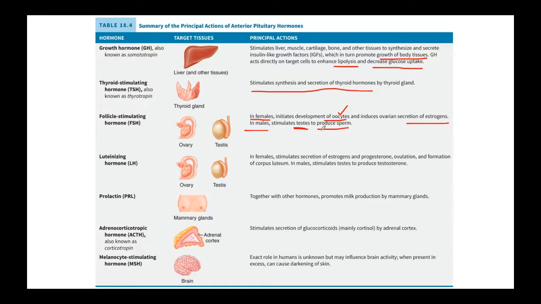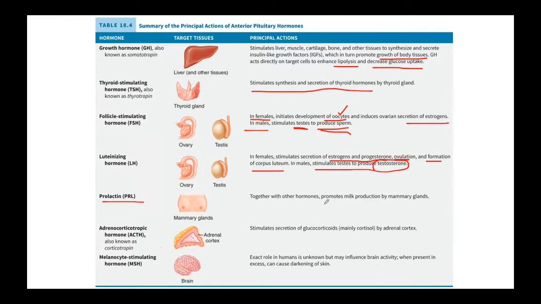The testes will, in effect, produce sperm. That's the FSH. The luteinizing hormone is going to stimulate in the female the secretion of the estrogen and progesterone, ovulation, and the formation of the corpus luteum. Okay, and in the male, it's going to stimulate the testes to produce testosterone.